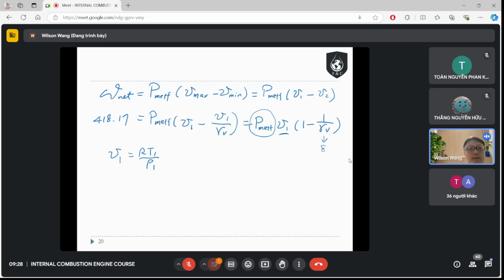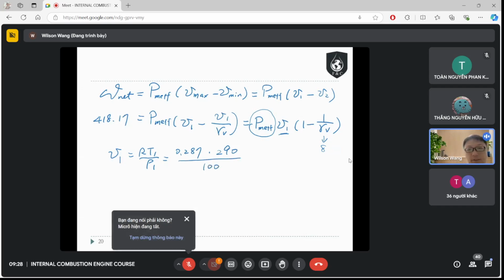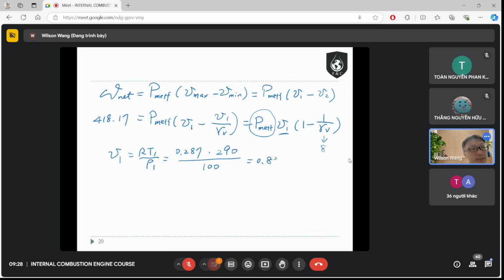So we can calculate this with R, T, divided by P1, 100 kilopascal. Here I don't write the unit, so you figure out the unit by yourself. So we get V1 is 0.832 meter cube per kilogram, right?